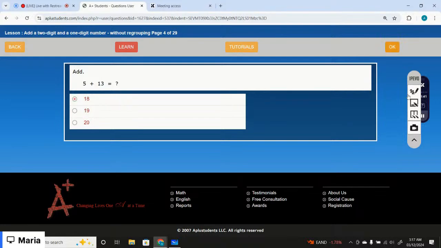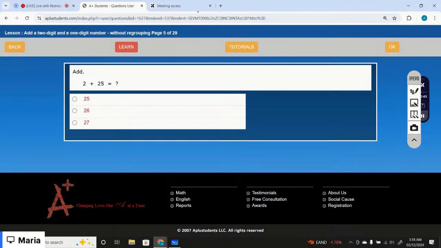Option number 1 is the correct option. 13 plus 5 makes 18. 25 plus 2, which is the correct option? 27.